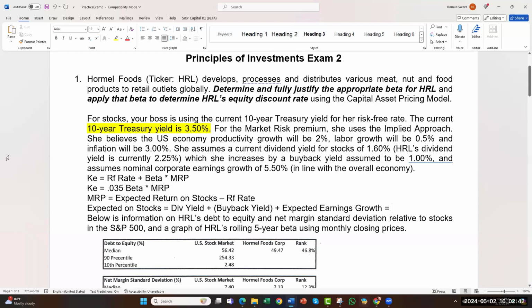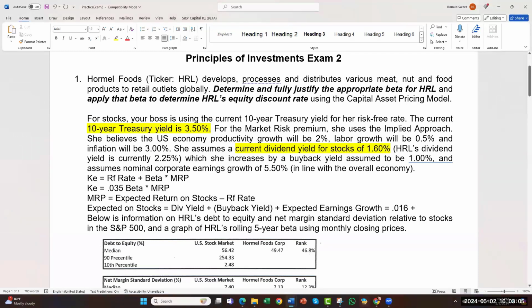So let's go look at it. The current dividend yield for stocks, 1.6%. And so we don't care that Hormel's dividend is completely a red herring. You don't need that. So that's 0.016 plus.